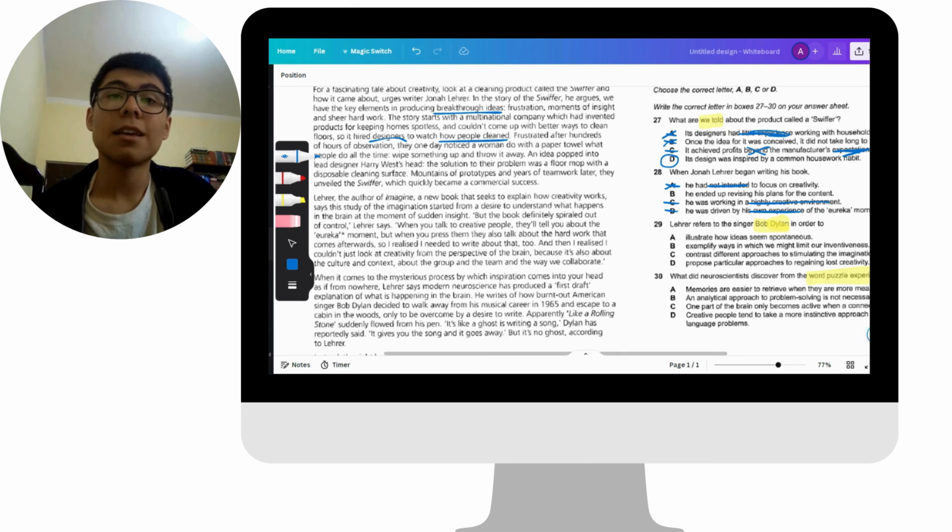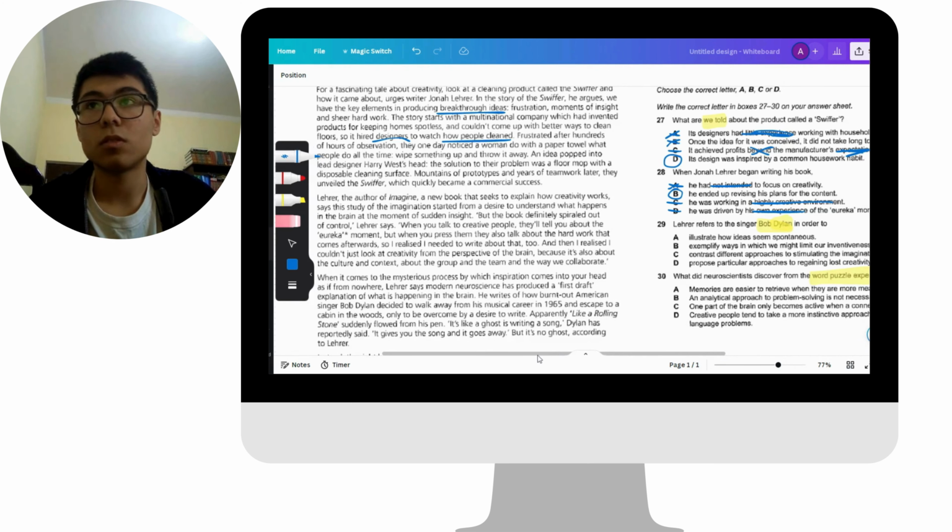Two words can change the answer completely. So the best choice of these four is B. He ended up revising his plans for the content. You can actually find the correct answer by eliminating the incorrect answer choices. This is a far more efficient strategy that many people use. Okay, let's continue.